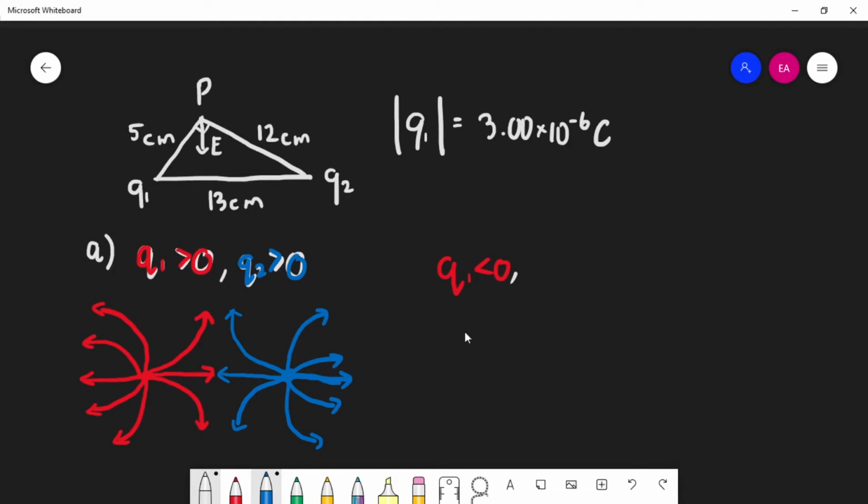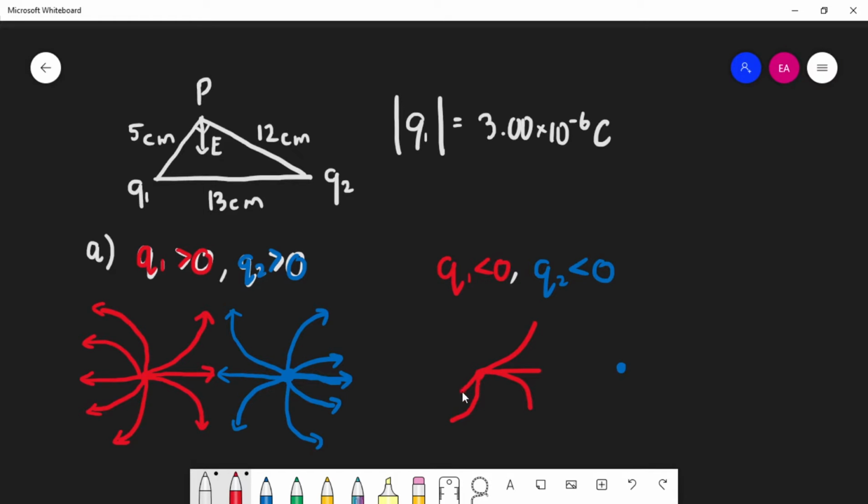Next case, we have Q1 less than 0 as well as Q2 less than 0. Here, the charges would want to point towards, the field lines would want to point towards the charges. So let's just draw the field lines. That line is too long. Just draw the field lines right there.